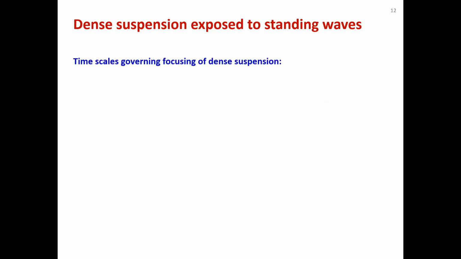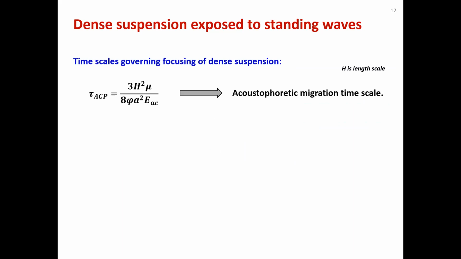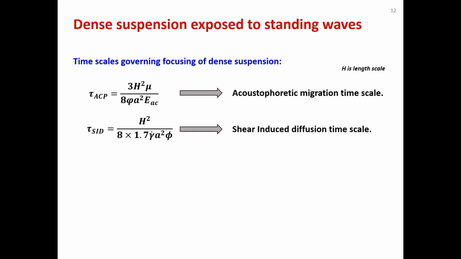If you want to understand the physics, one can consider the different timescales that are involved. So we talk about the acoustophoretic timescale, which indicates how the particles migrate under the effect of acoustic force, and how the particles respond to shear-induced diffusion force, which is represented by the shear-induced diffusion timescale, and how fast the particles are carried downstream because they are in the flow, the advection timescale.